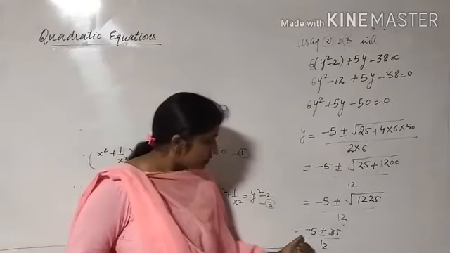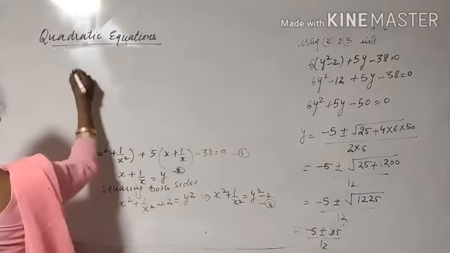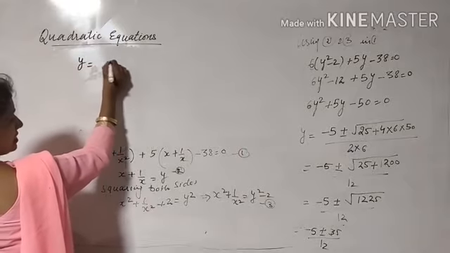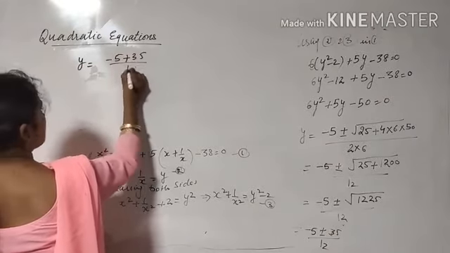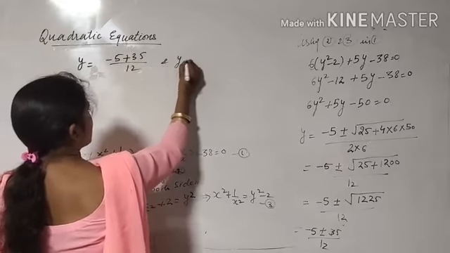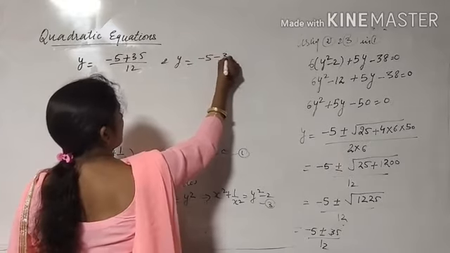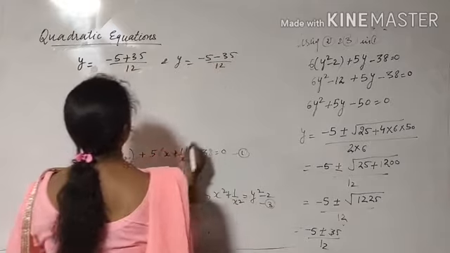Now we get two values of y, which are y is minus 5 plus 35 divided by 12 and y is minus 5 minus 35 divided by 12.